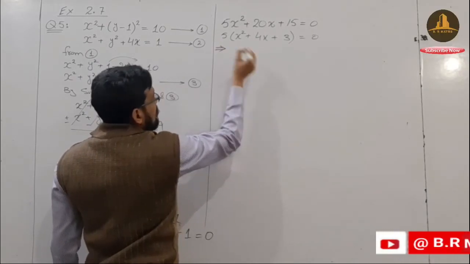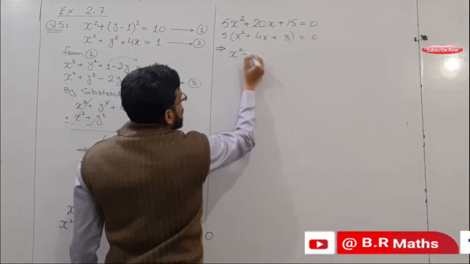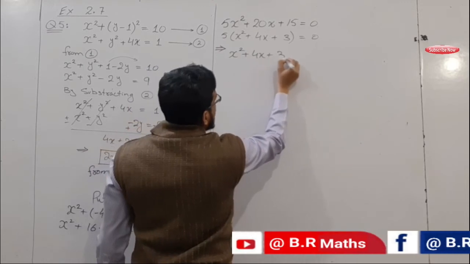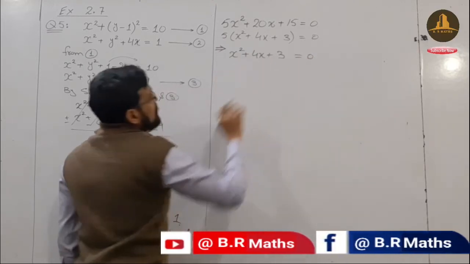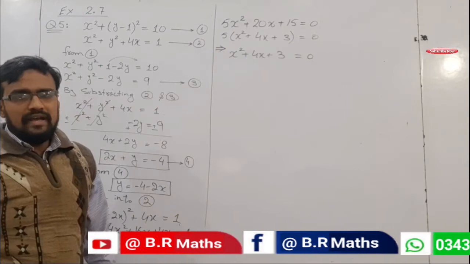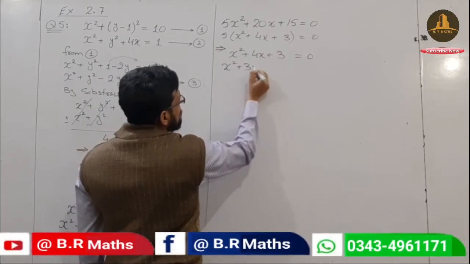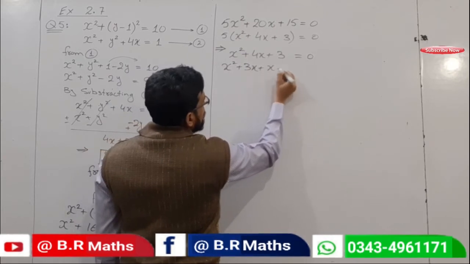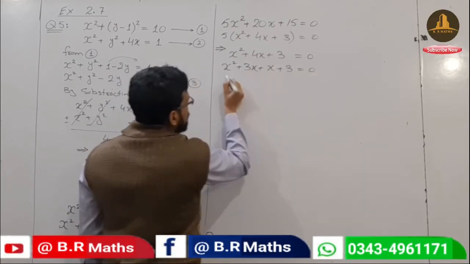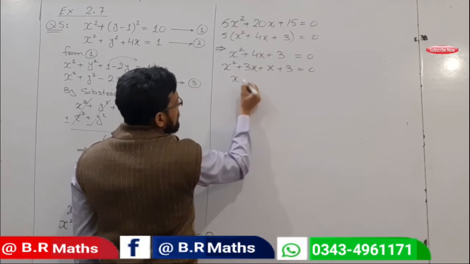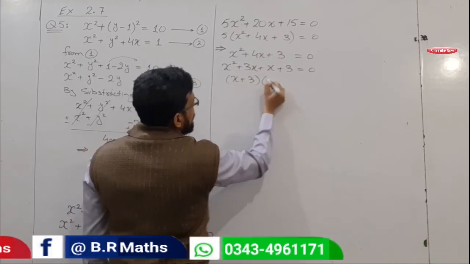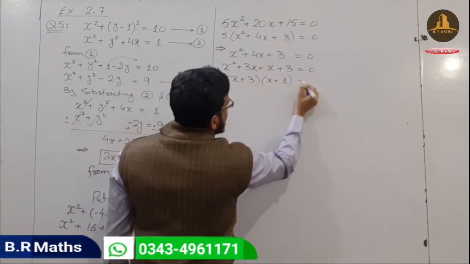Finally, this is a quadratic equation in terms of x. So solve by factorization. The factors will be x plus 3 and x plus 1.